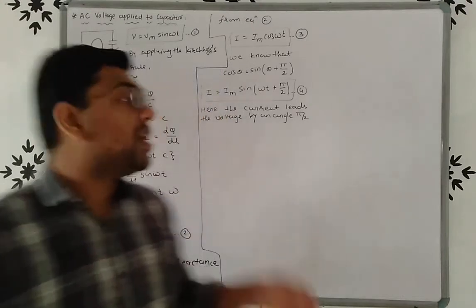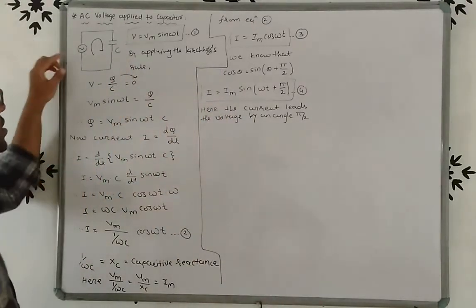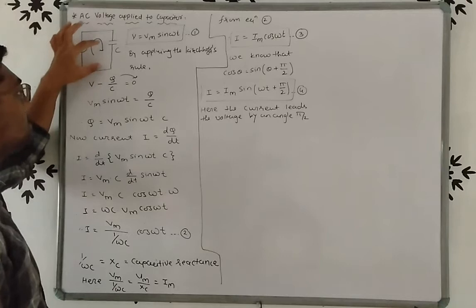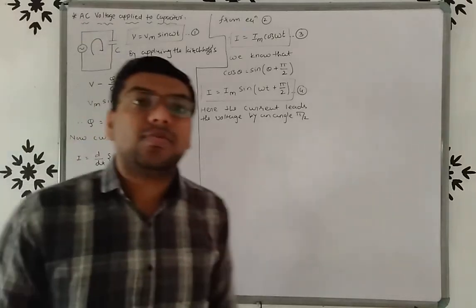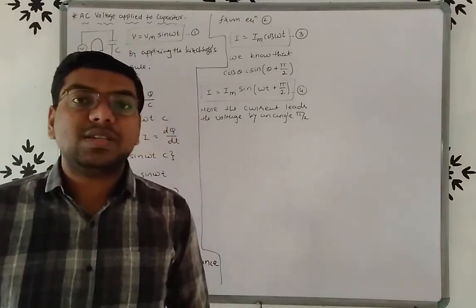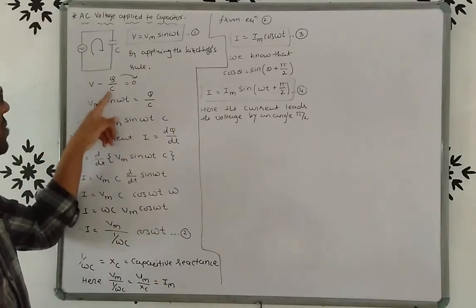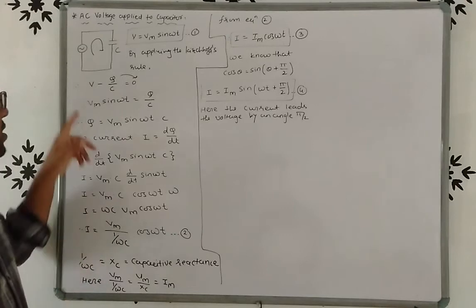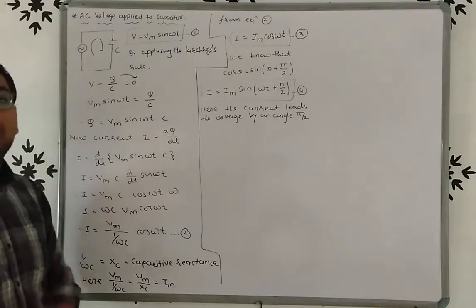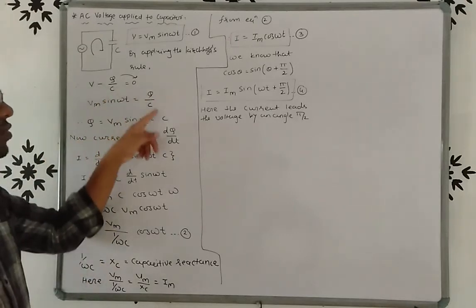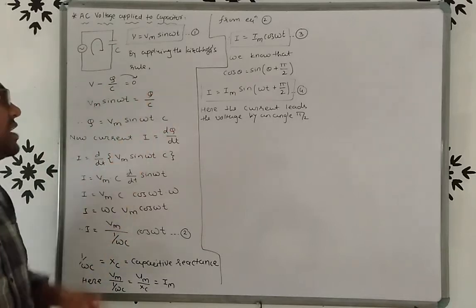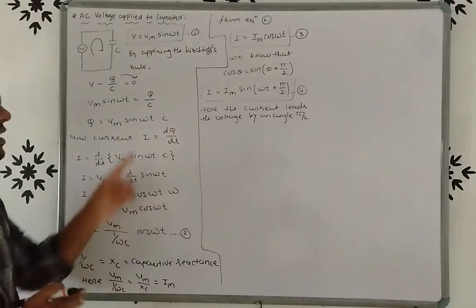Now we apply Kirchhoff's rule, so we get V minus the potential of the capacitor, from the equation Q is equals to CV, V is Q by C. So V minus Q by C is equals to 0. So V is equals to Vm sin omega t is equals to Q by C. So here we get charge Q is Vm sin omega t into C.